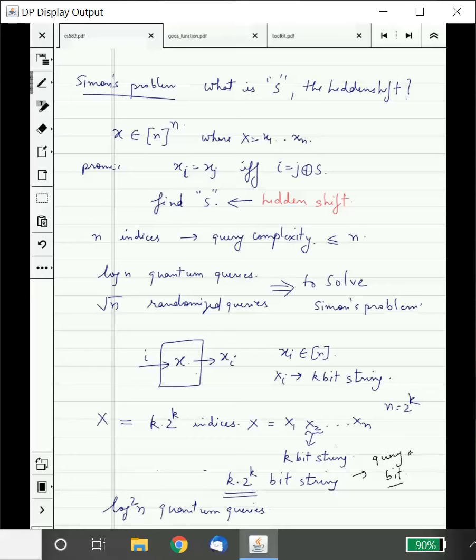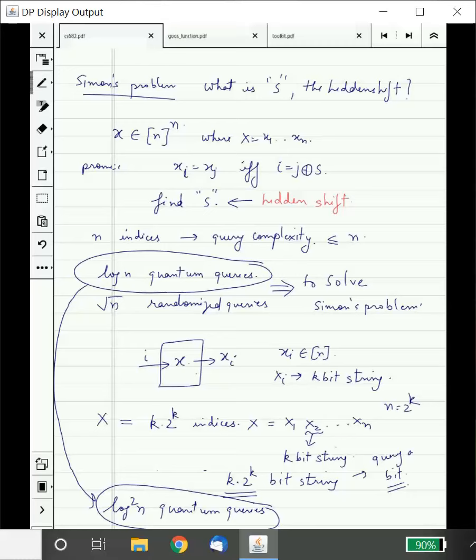Even in this case, only log squared n quantum queries are enough, because one index is k bits long. So I will take log squared n quantum queries. On the other hand, this root n randomized query bound will remain, since it will show that at least one of the blocks of that root n has to be queried. So this bound will remain the same. So the exponential separation still holds true.